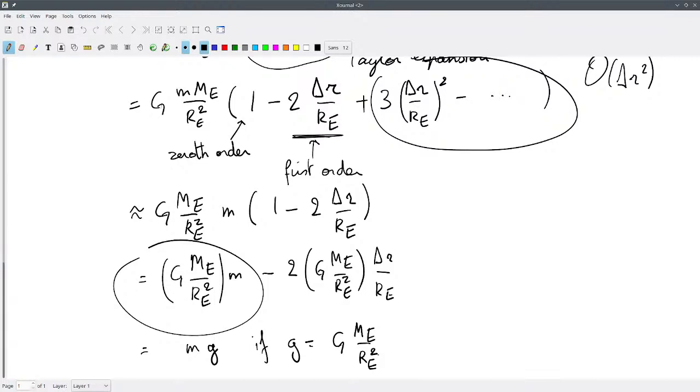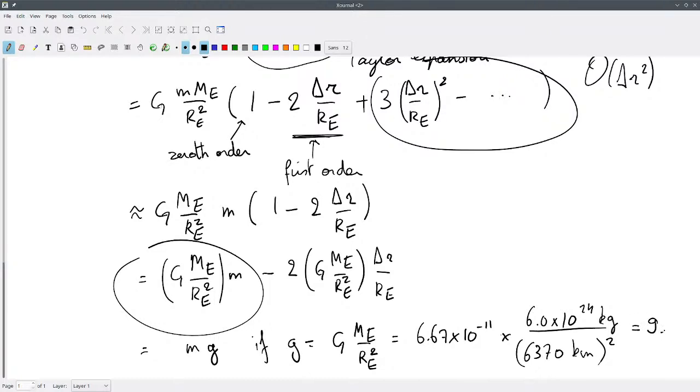And in fact, if you calculate 6.67 times 10 to the minus 11, I'm not going to write my units here, times the mass of the Earth, which is 6 times 10 to the 24th kilograms, and you divide that by 6,370 kilometers squared, if you plug in those numbers, you'll find that this is about 9.8 meters per second squared.